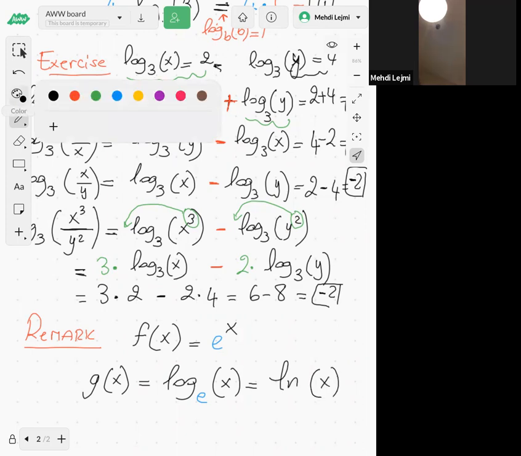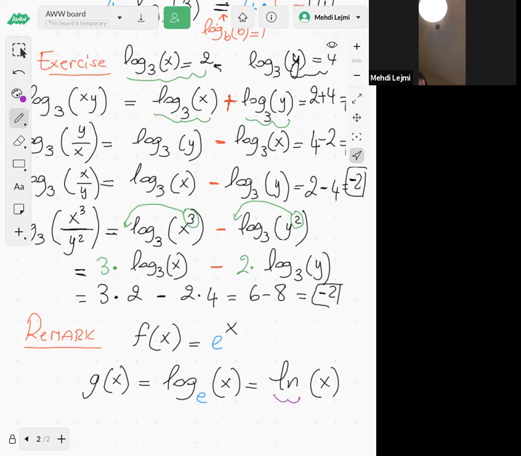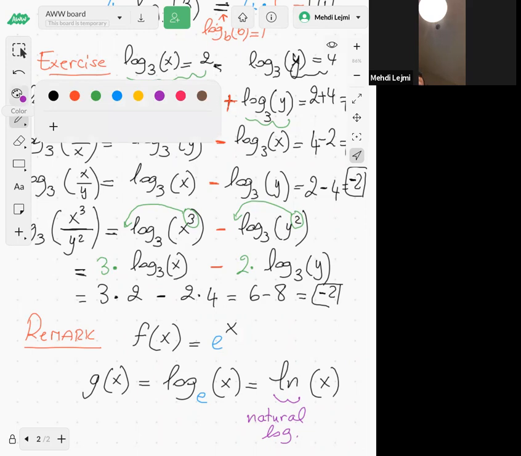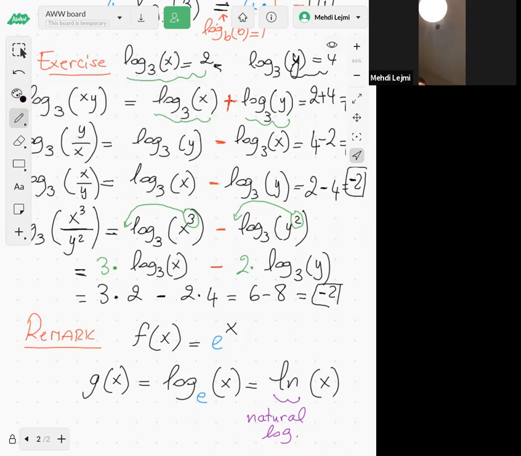This ln stands for natural log. And e is the number which is very special because of the derivative, and it's actually 2.7 something.